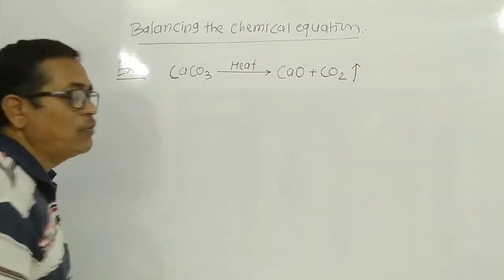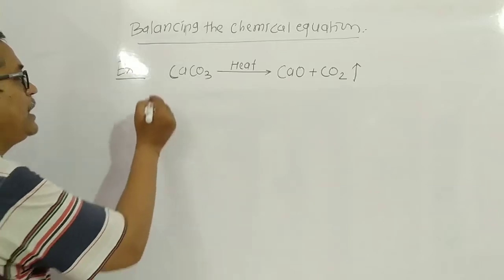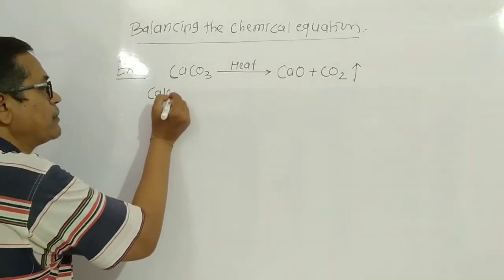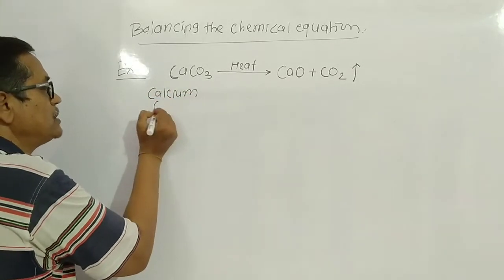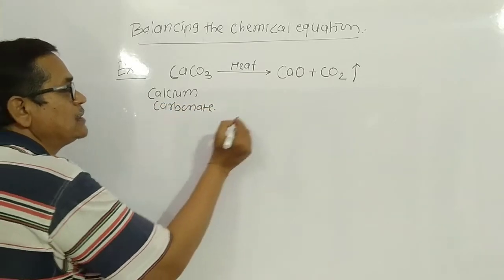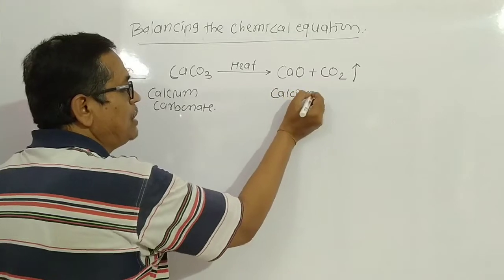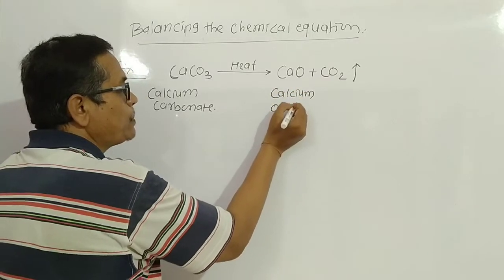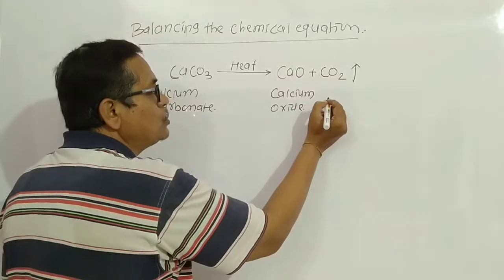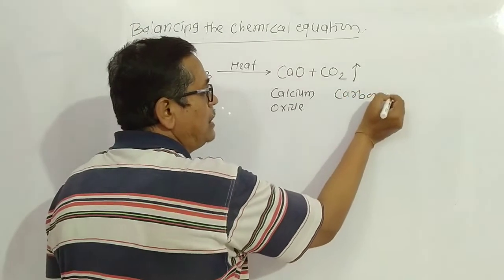That is one example of an equation. CaCO3 is calcium carbonate, CaO is calcium oxide, and CO2 is carbon dioxide.